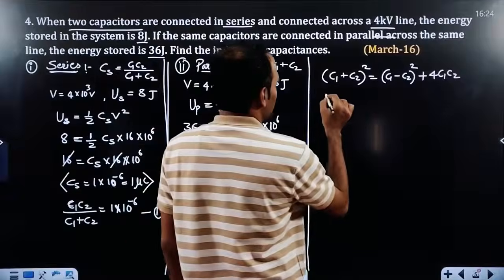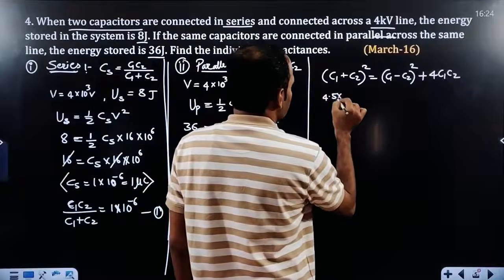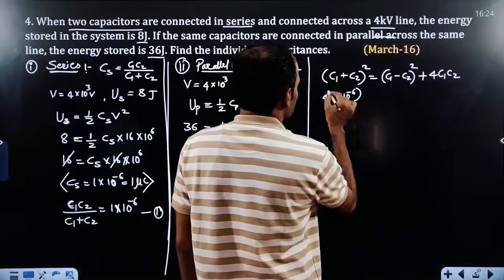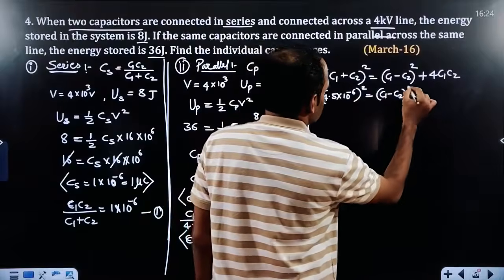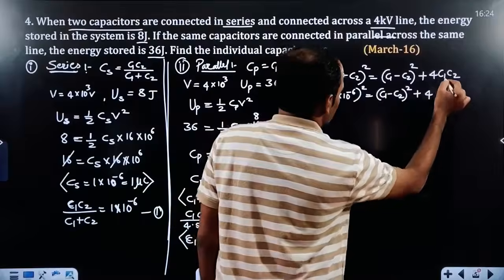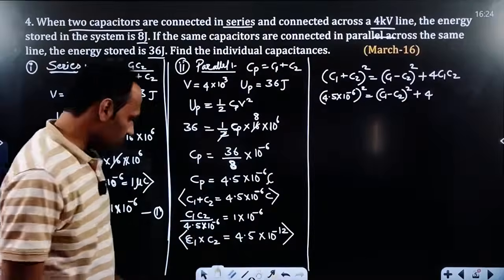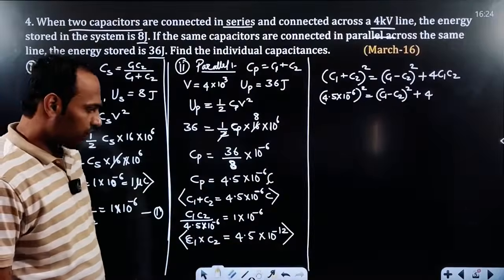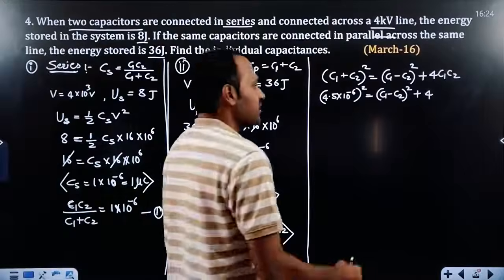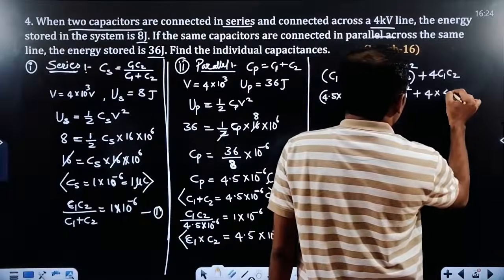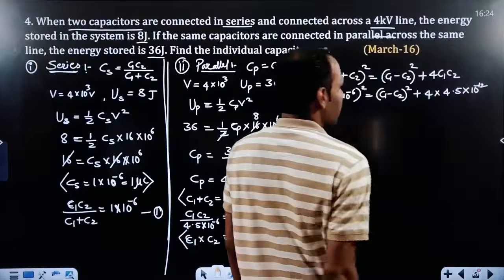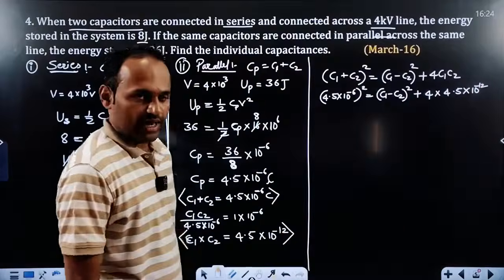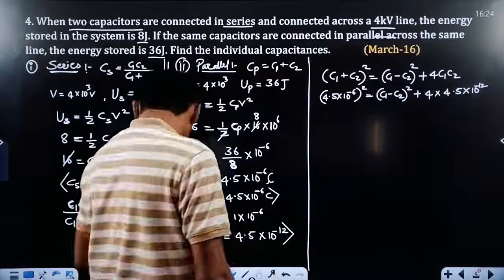So 4.5 into 10 raised to minus 6 whole square is equal to C1 minus C2 whole square, which we don't know, keep it as it is, plus 4 C1 into C2. C1 into C2 is 4.5 into 10 raised to minus 12. We have to square it now.